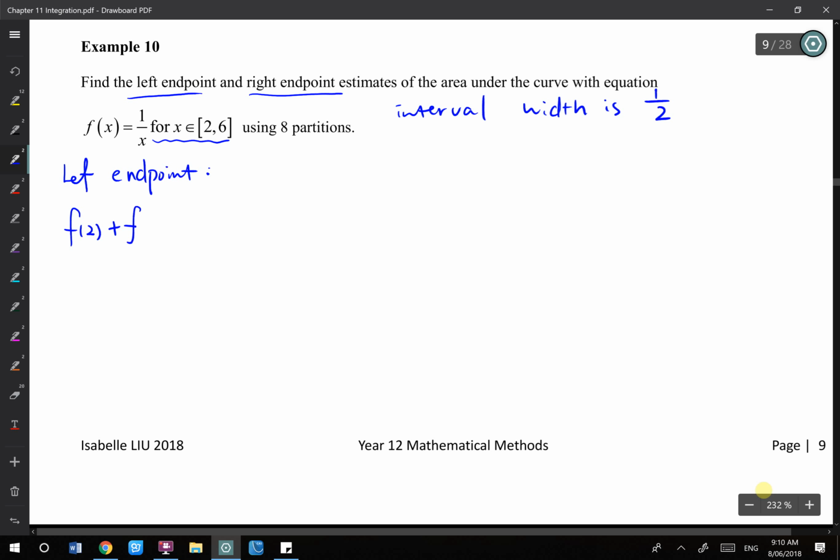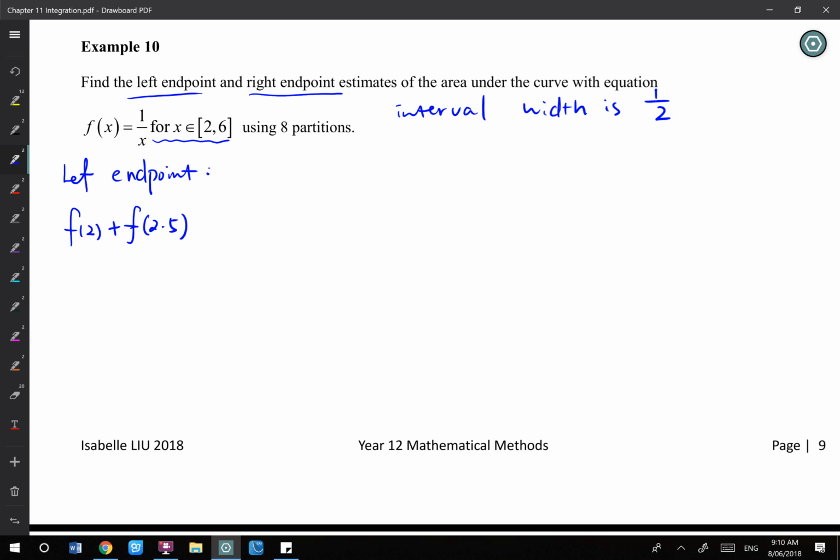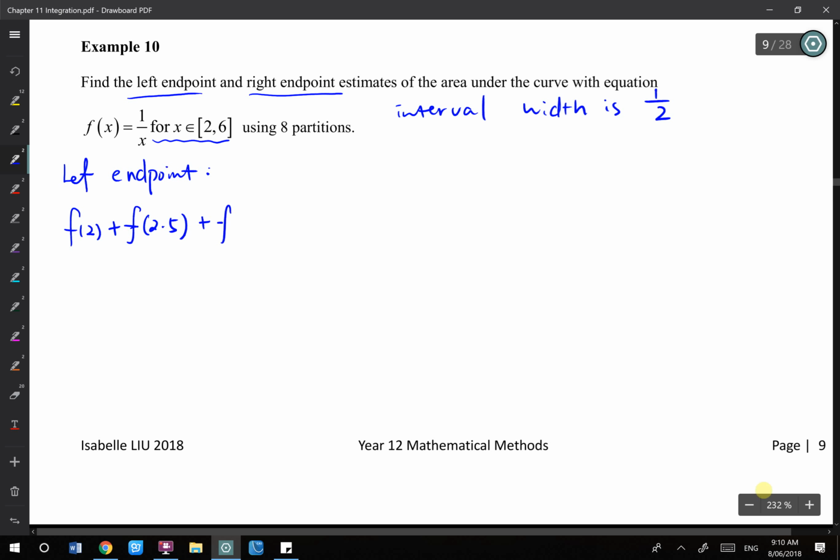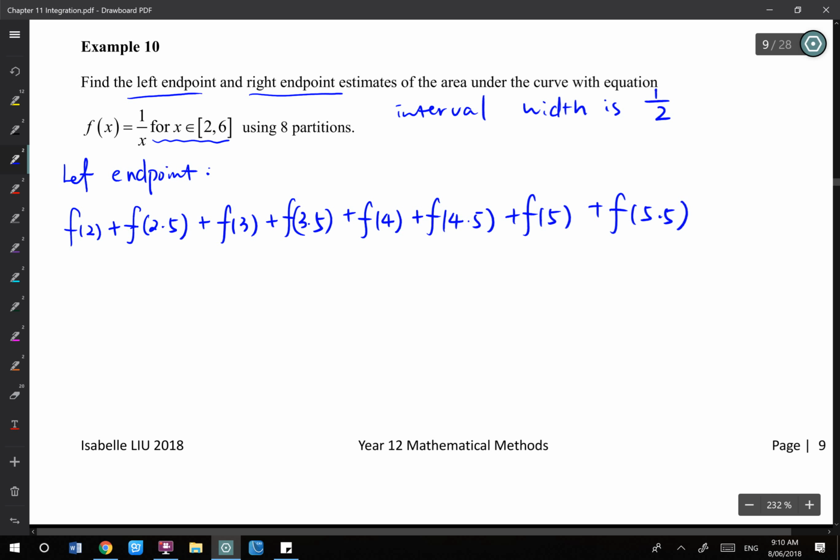But the next point can't be f(3) because the partition is 0.5, so the next one is 2.5, then 3, 3.5, 4, 4.5, 5, and 5.5. Not finished. I can't times by 1 now because each width is a half, so I need to times that by a half.